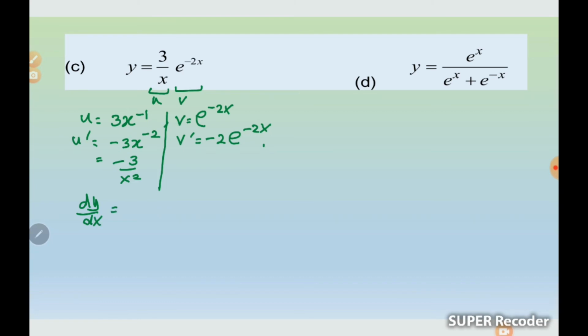So the formula is v multiplied with u prime. v is e to the power of negative 2x multiplied with u prime, negative 3 over x squared, plus v prime, negative 2 e to the power of negative 2x, multiplied with u, 3 over x.